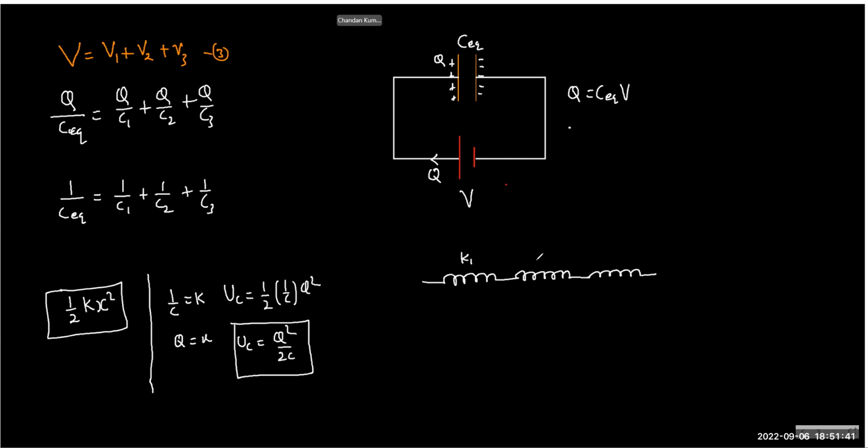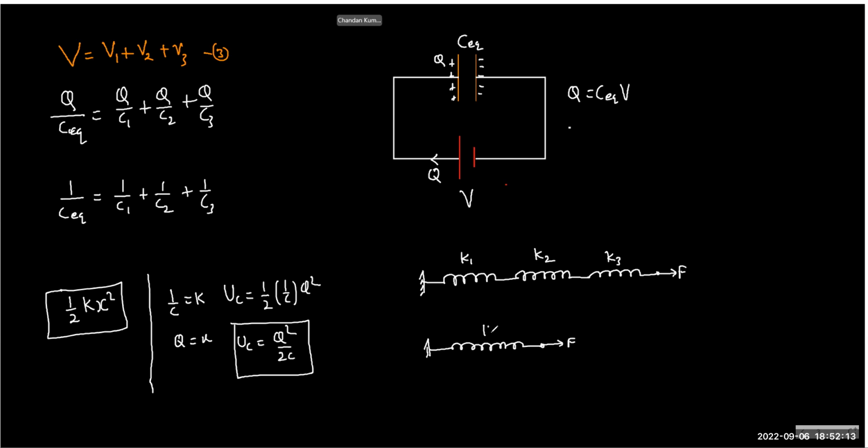If we have springs in series combination, and you pull by force F, and you try to replace it by an equivalent, if you pull by the same force, what must be the same?